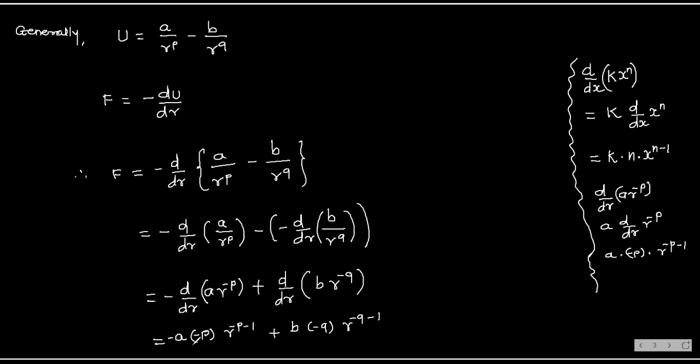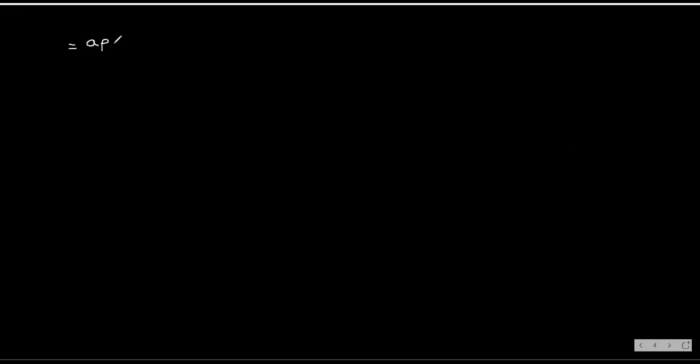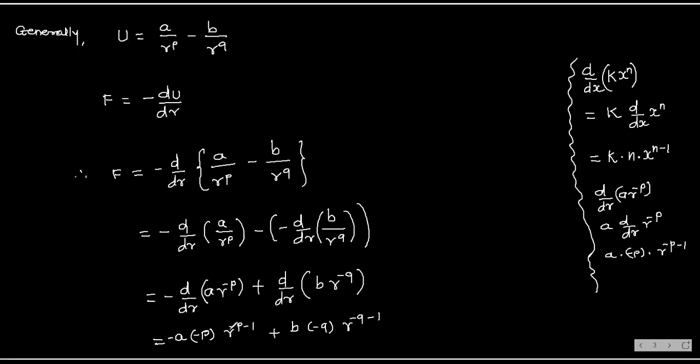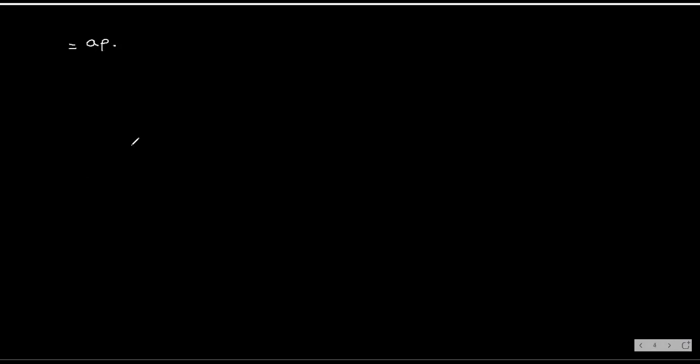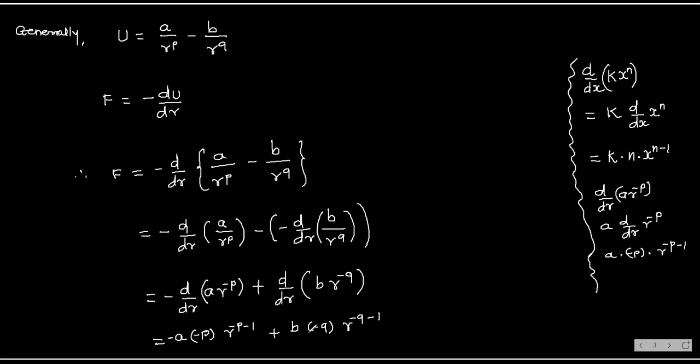So what we are getting now is minus A into minus P, minus minus gives plus, so AP. So this is equal to A into P into R^(-(P+1)), plus, and this is minus QB, or minus BQ, choice is yours.